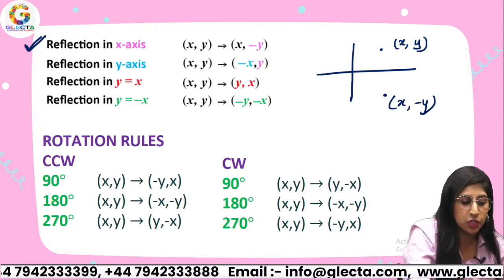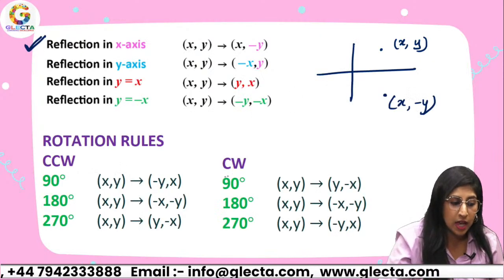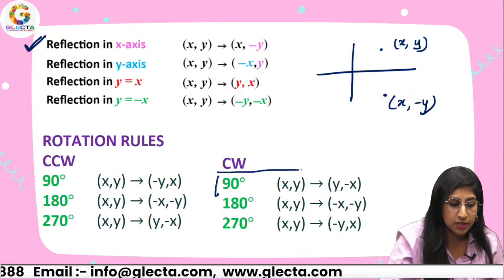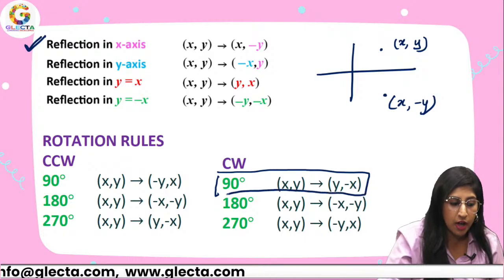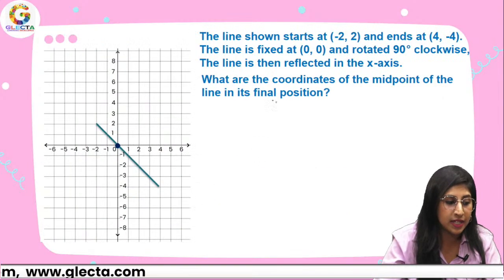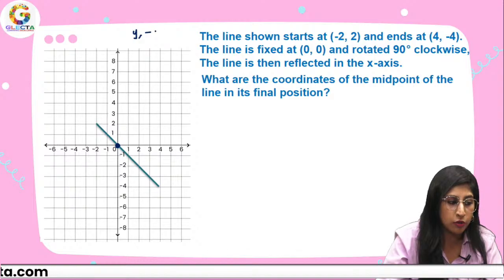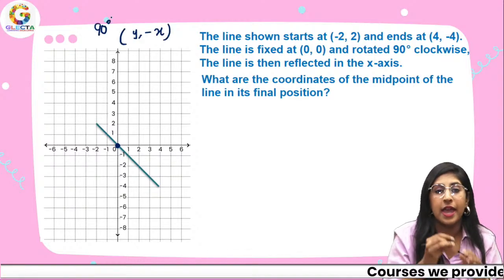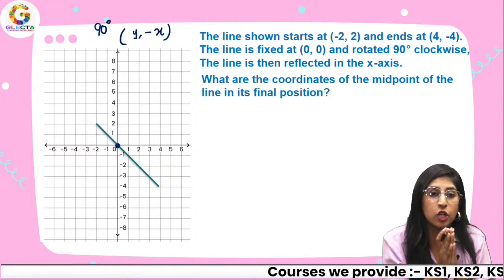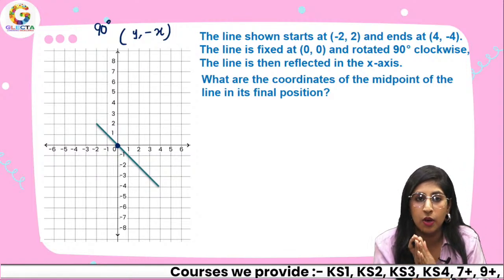Now, as I had given you the formula, clockwise direction, 90 degrees. So x comma y becomes y comma -x, right? When we are rotating 90 degrees clockwise, x comma y becomes y comma -x. All right.